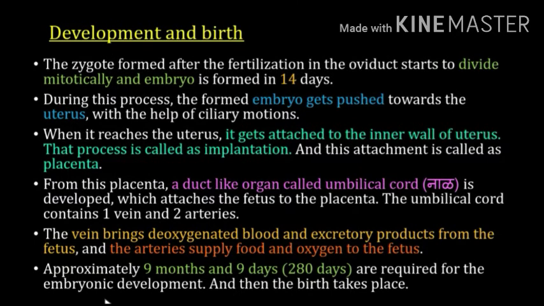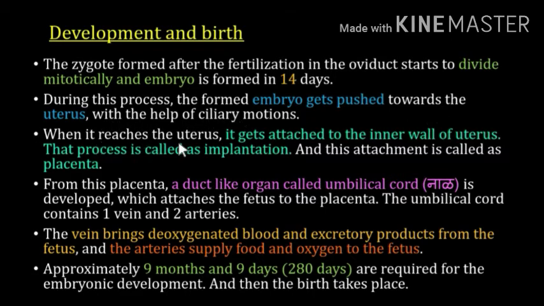Now, the development and birth. The zygote formed after the fertilization in the oviduct starts to divide mitotically and an embryo is formed in 14 days. During this process, the formed embryo gets pushed towards the uterus with the help of ciliary motions.